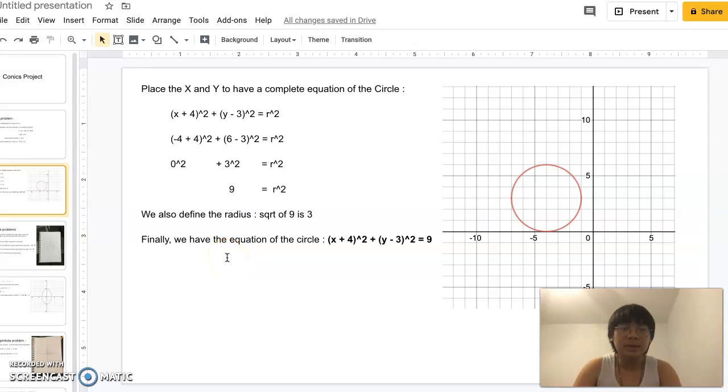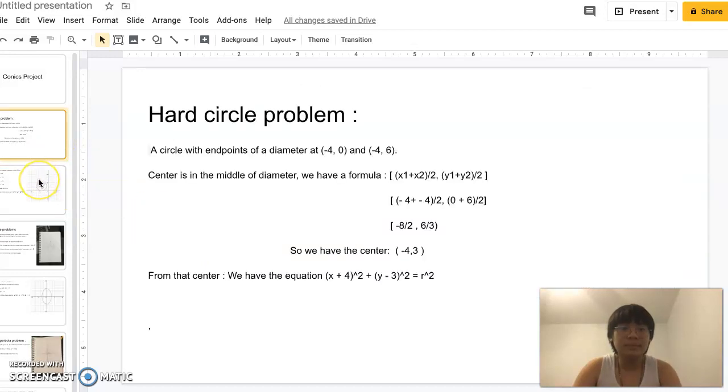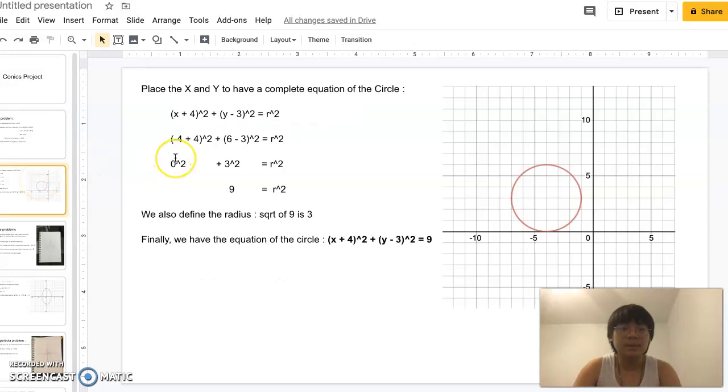Turn to another page. Based on page number 2, we have page number 3. Now we place x and y to have a complete equation of the circle. (x plus 4) squared plus (y minus 3) squared equals r squared.